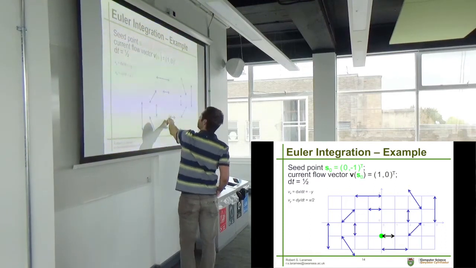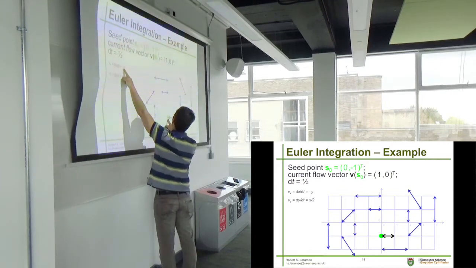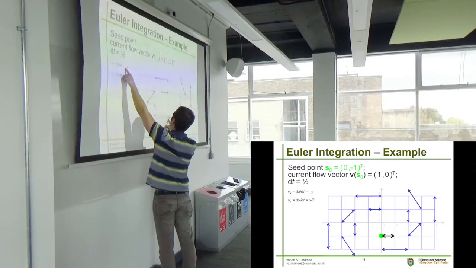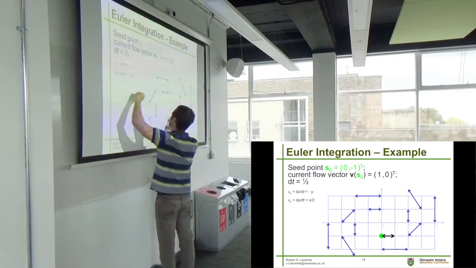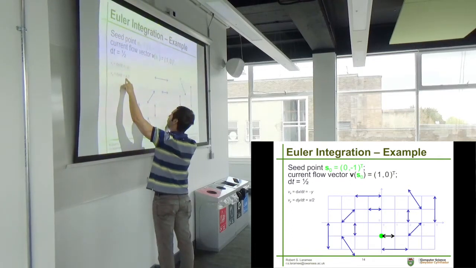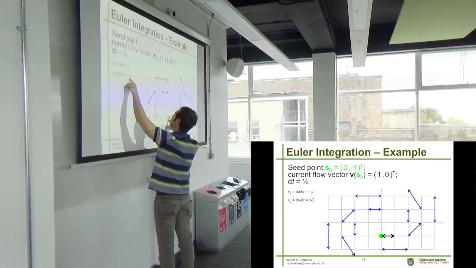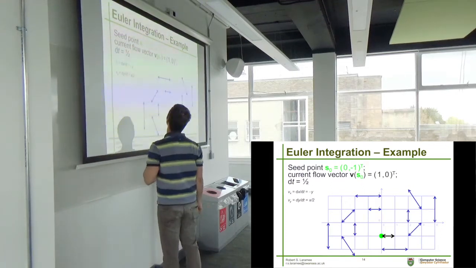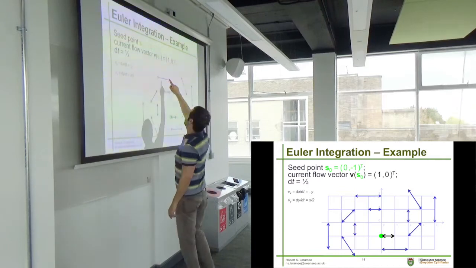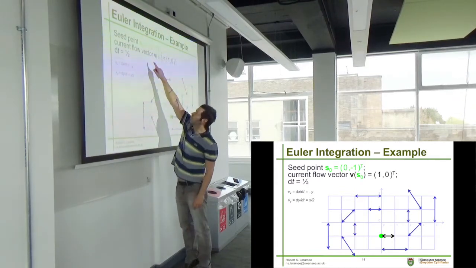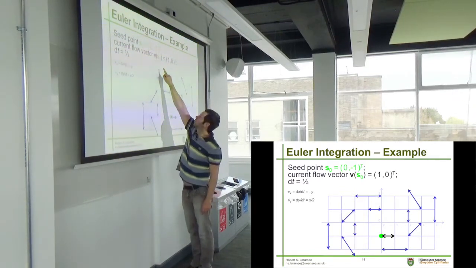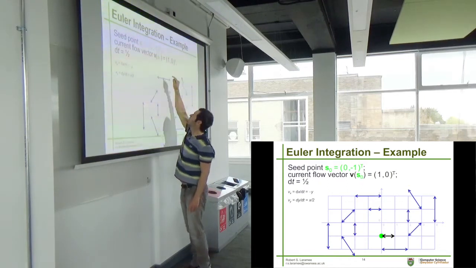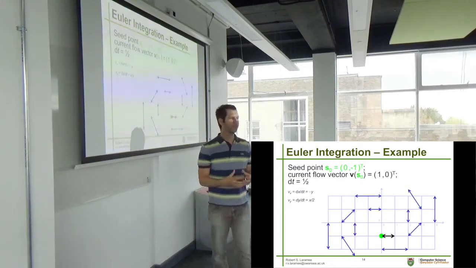It's just the y here is -1 times -1, which is 1. And then the x is 0 divided by 2, which is also 0. So we get 1, 0, and that's what this is. So at the seed point S naught, the velocity vector is 1, 0. That's what that is saying.